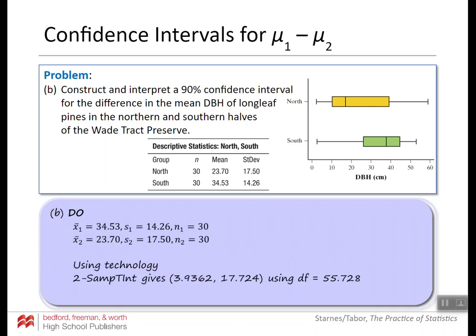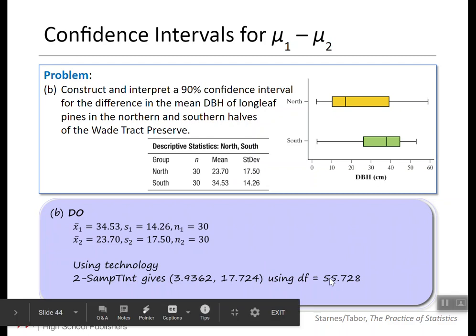Do. We need x bar 1, standard deviation 1, n1, and the same thing for the second sample. All of that is given here in this table. So we can use the 2-sample t interval function on the calculator or do the calculations by hand.